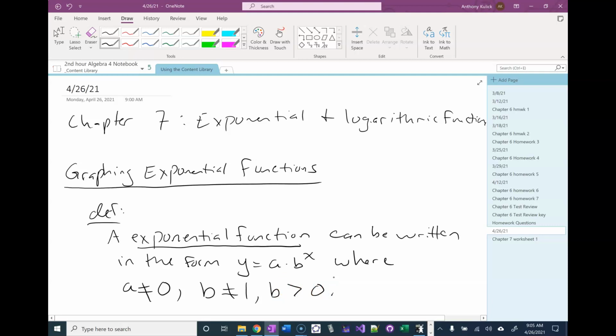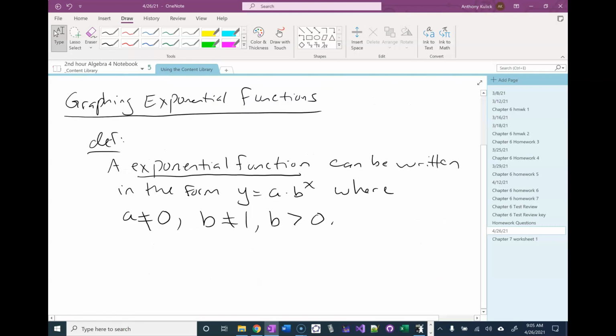We just say that an exponential function is in the form y equals a times b to the x, where the a is non-zero, and the b is not equal to 1, and positive.